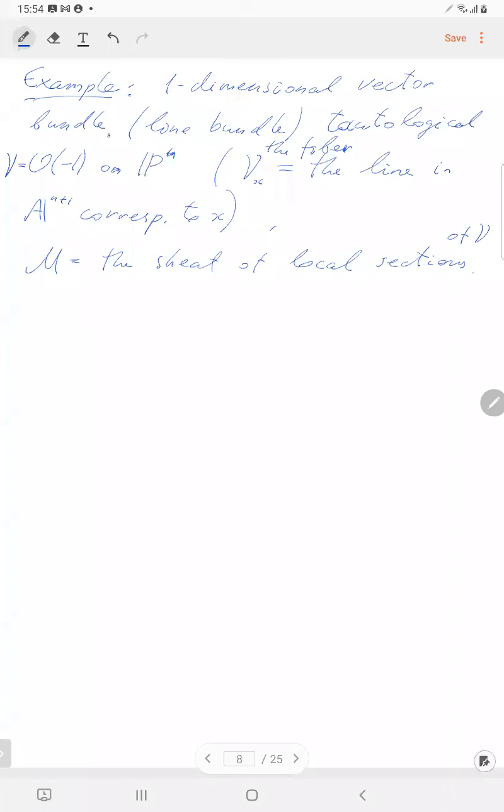So this line bundle is locally trivial. If you remove a hyperplane from P^n, then on the remaining open set, V restricted to P^n minus P^{n-1} is isomorphic to this base times just A^1. You can find such a trivialization, and hence all the sections will be just functions.